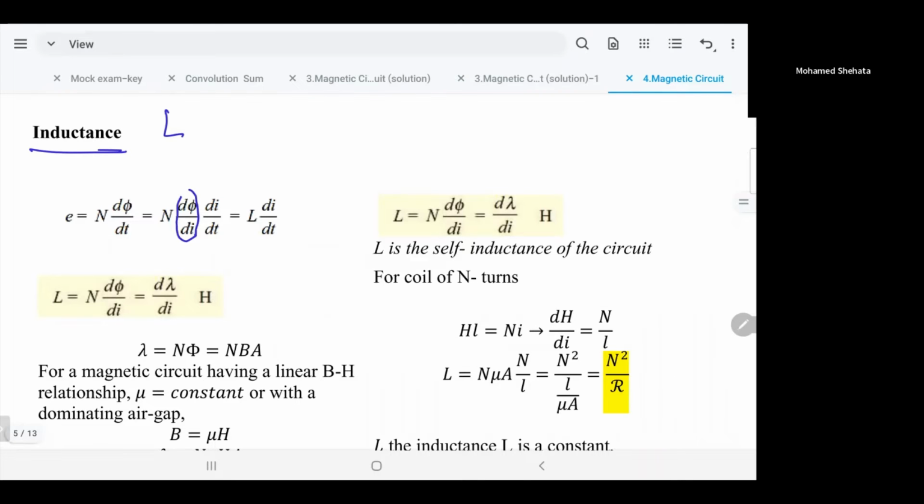So the inductance is the rate of change of flux with respect to current. If you have a linear L, you can approximate it as delta phi by delta I. Increase the current, how much flux increases depends on the inductance of the material. So that's the definition of the inductance, the rate of change of flux with respect to the current.